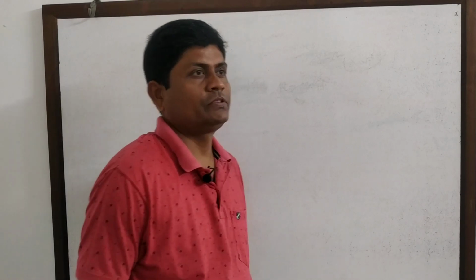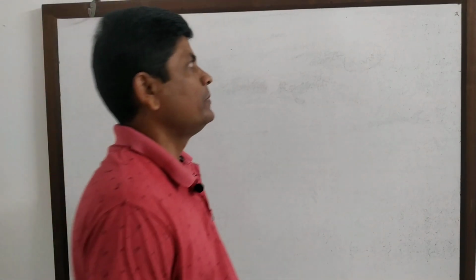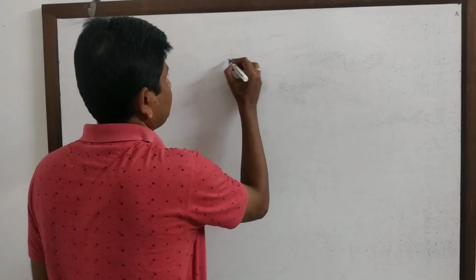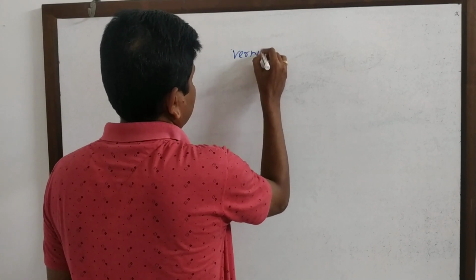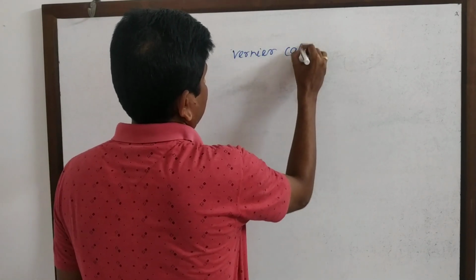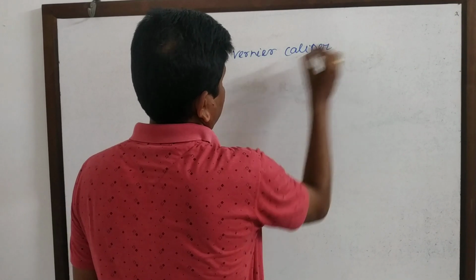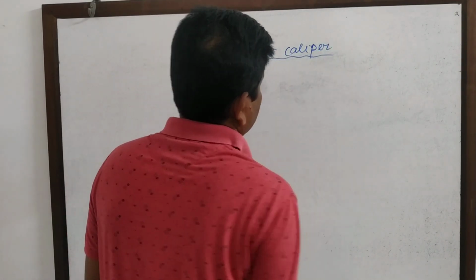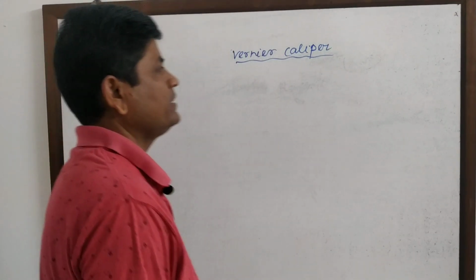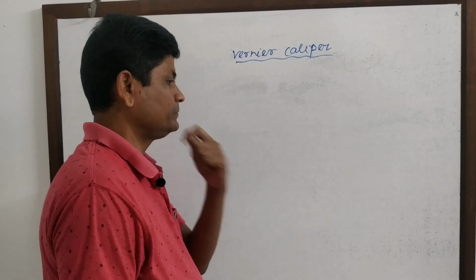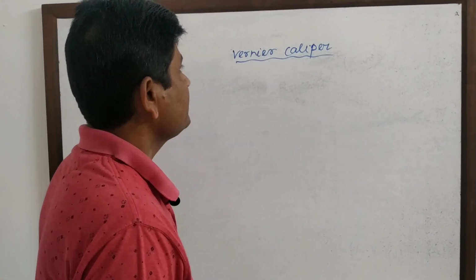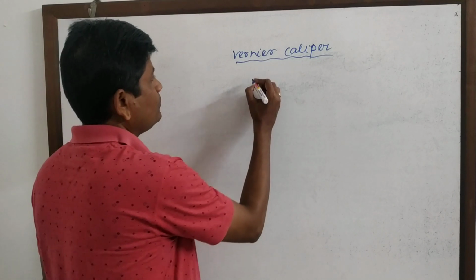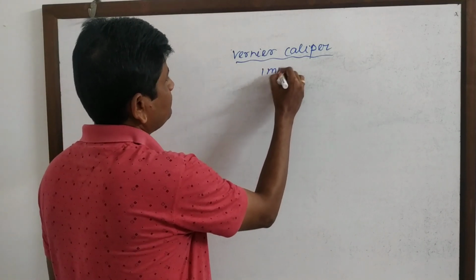So, today we will learn to read a vernier caliper. What is a vernier caliper? Think of the case of an ordinary scale, which can measure up to 1 mm.